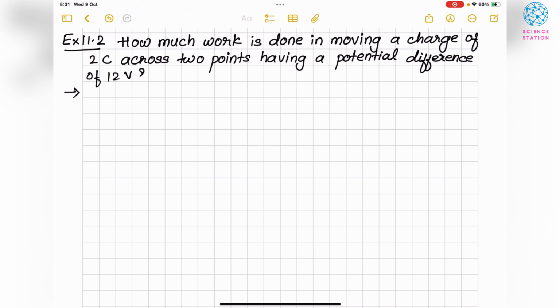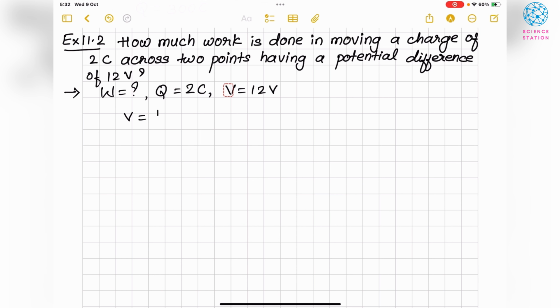Now example 11.2 says how much work is done in moving a charge of 2 coulomb across 2 points having a potential difference of 12 volt. Here work W equal to question mark, charge that is Q equal to 2 C, and V equal to 12 volt, that is potential difference.